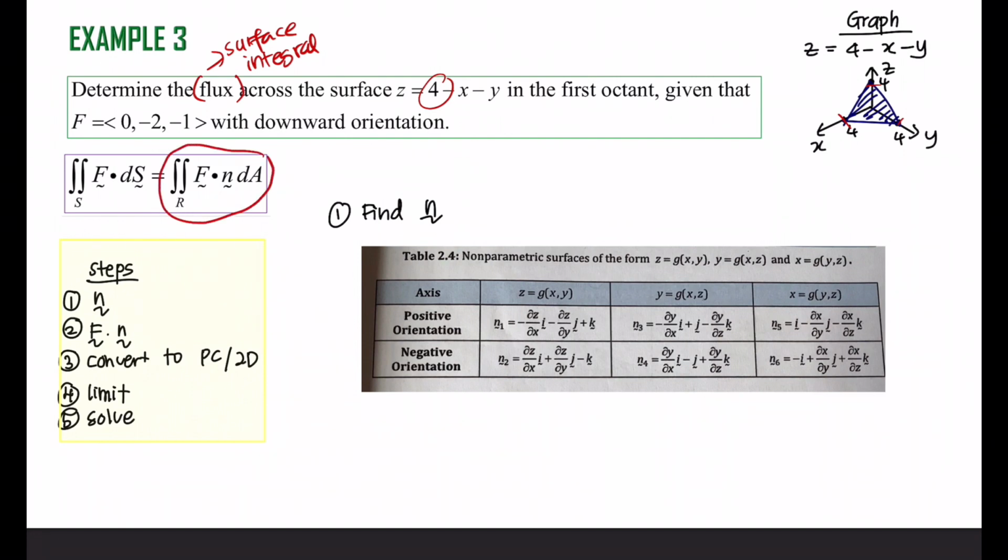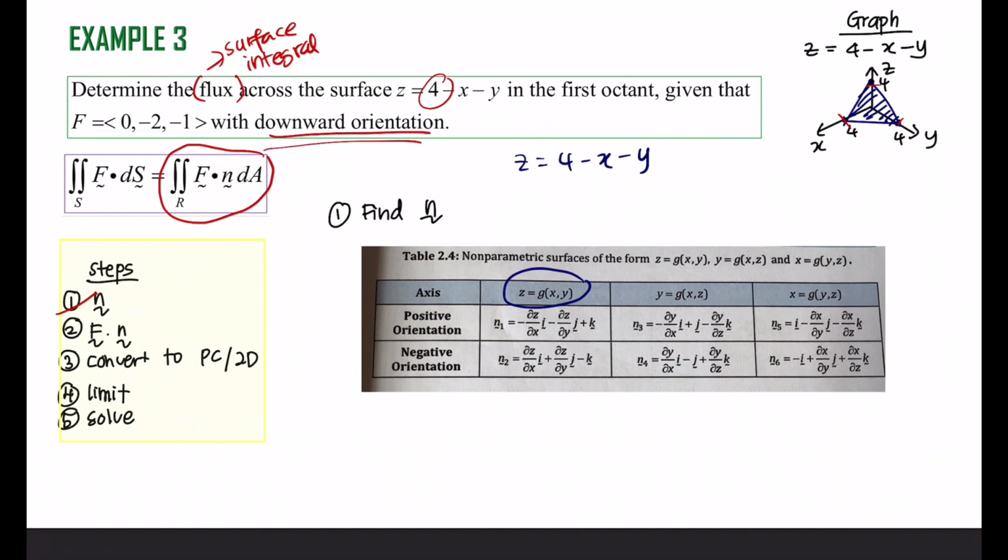Okay, the first step is to find n, the unit normal vector, using the table. We have z equals 4 minus x minus y, so z in the form of x and y. Refer to this column, and we have downward orientation.